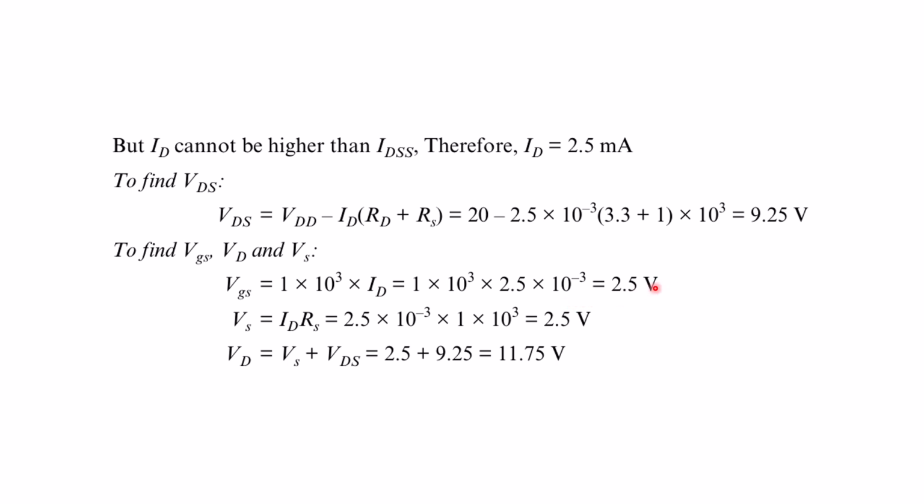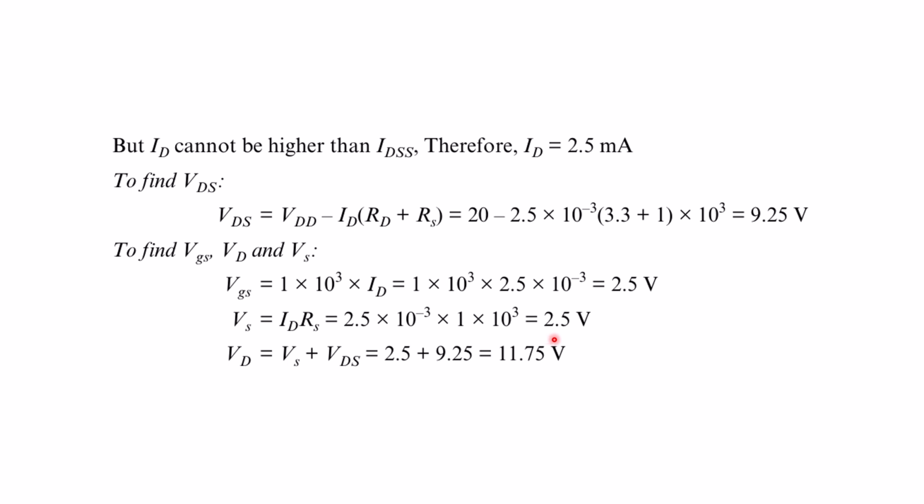Similarly, we can go for VS. The VS equation is ID into RS. Now the ID calculated value is 2.5 milliamps and the RS given value is 1 kilo ohm. So I have substituted 2.5 into 10 power minus 3 into 1 into 10 power 3.